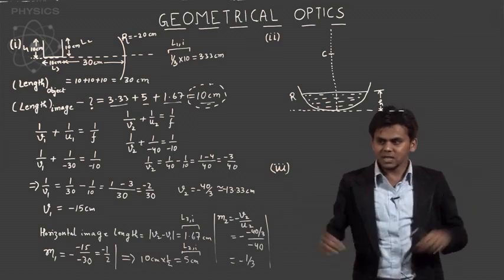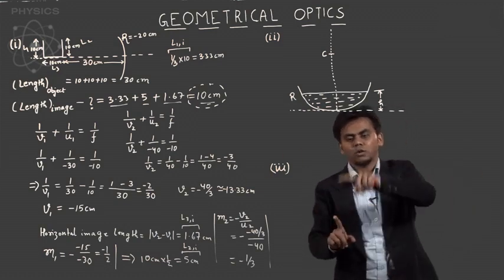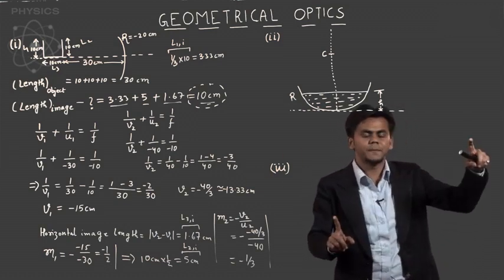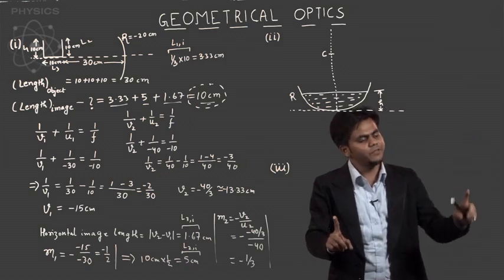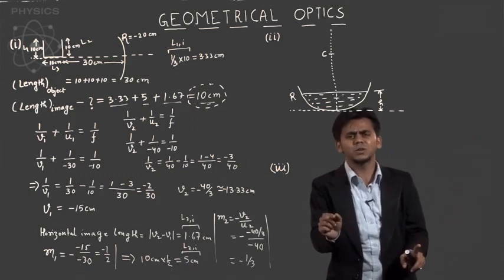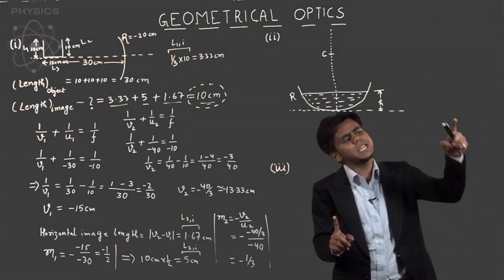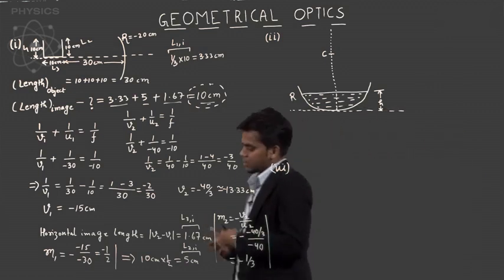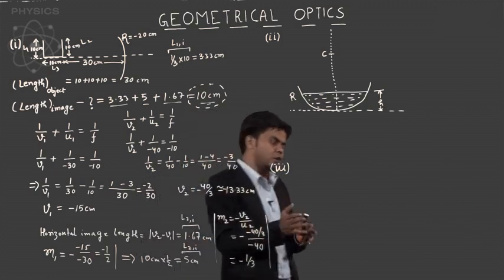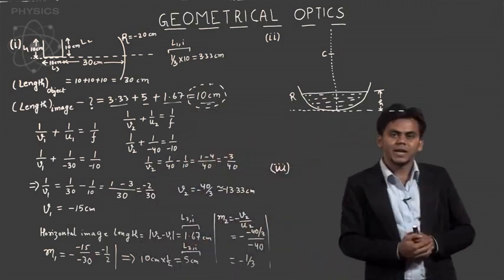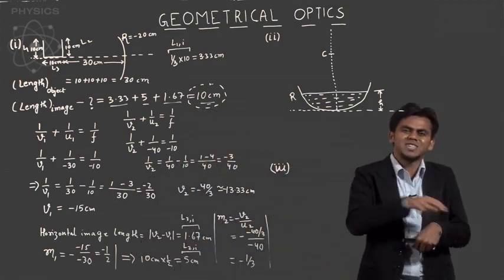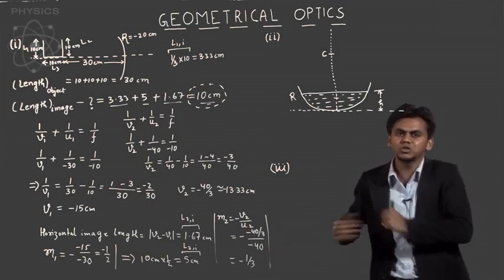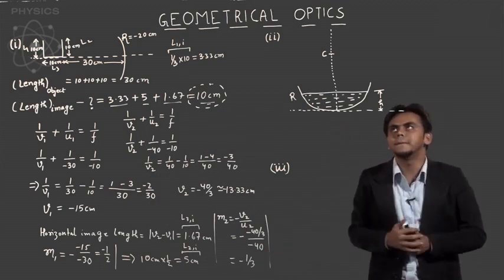If I start from this point, go like this, and reach here, and after reflection I take a different path, I would most probably not reach here. But if I take the same path, I'll reach here. It's like if you take the path from your home to school by following a fixed set of roads, and if you reverse your car and follow the same road, you'll go back to that same position itself. That's the logic over here.